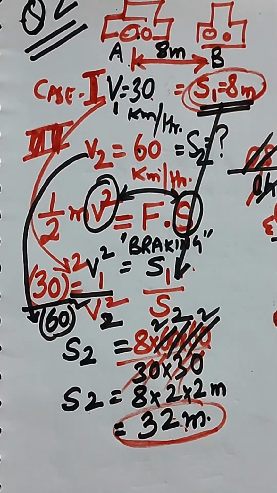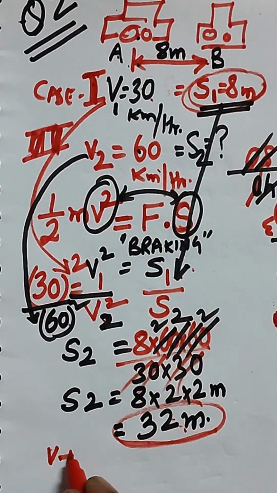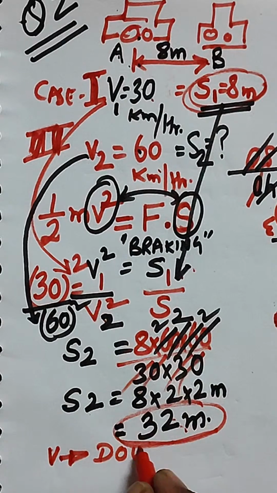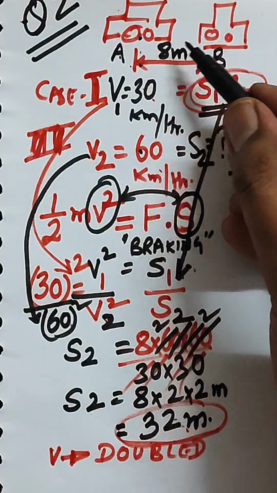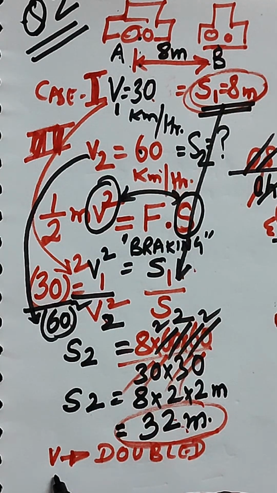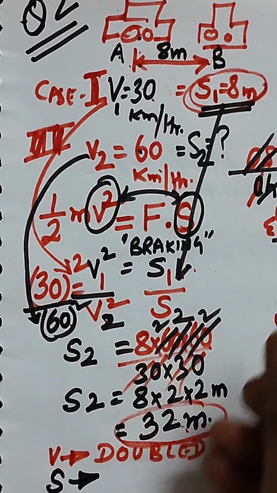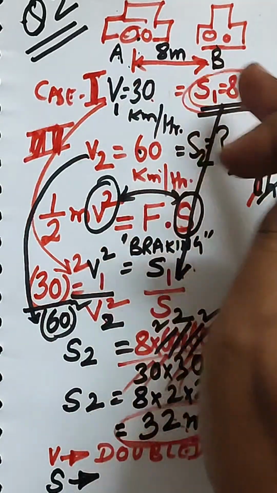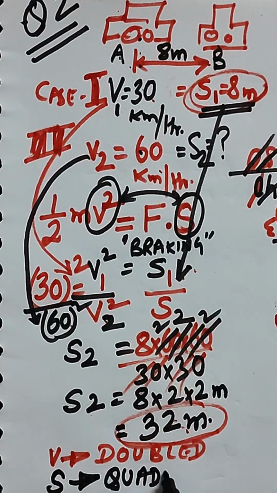If velocity is doubled, then this automobile will stop with the same braking power. The condition is that with the same braking power, the automobile will be stopped, and the corresponding ratio of the displacement or the distance of stopping will be quadrupled.